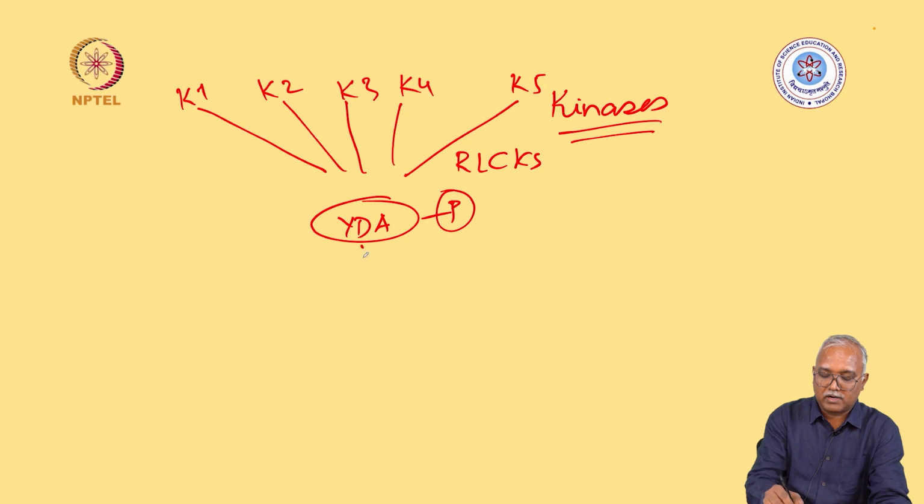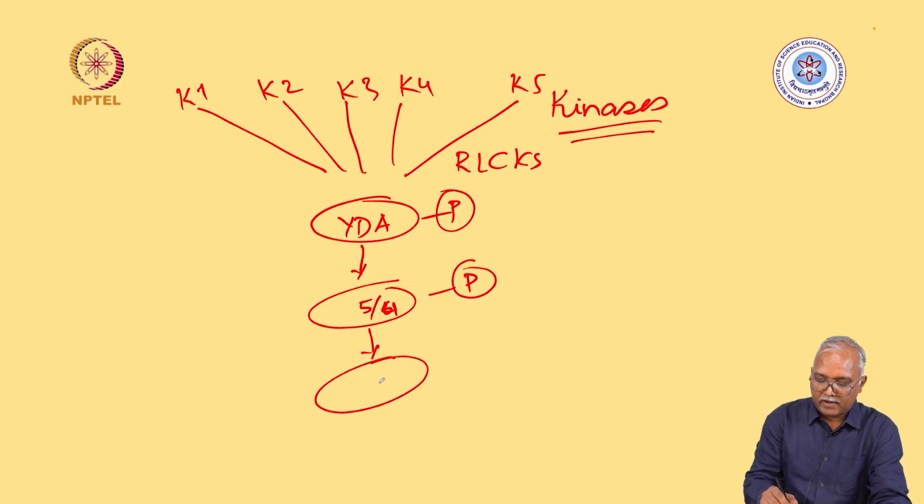YDA needs to be phosphorylated. This takes it to the next molecule, MAP2K4/5, which will be phosphorylated, then it will take it to MAPK3/6, which will be phosphorylated.